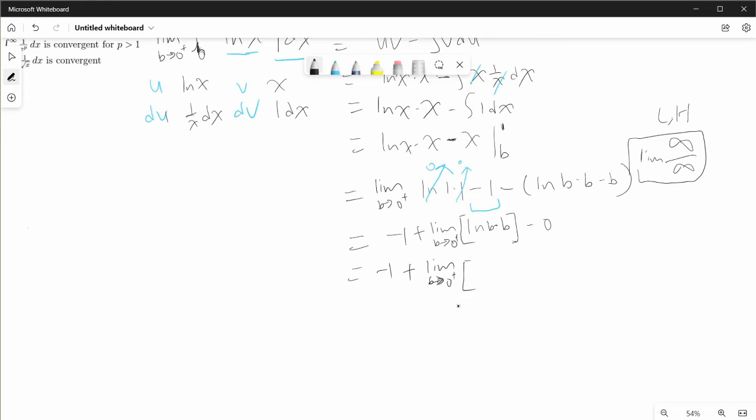What I'm going to do is keep ln b on top, and then divide by 1 over b, as in if I have a fraction like this. So the top b will just get moved to the bottom as 1 over b. And now, if I plug in b, the top part is still a negative infinity. And this would be negative infinity over 1 divided by 0, which is infinity when taken in the limit.